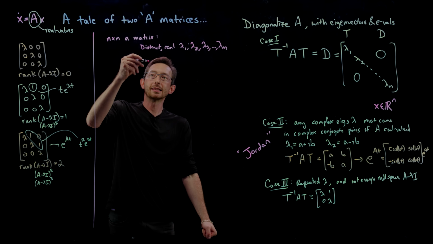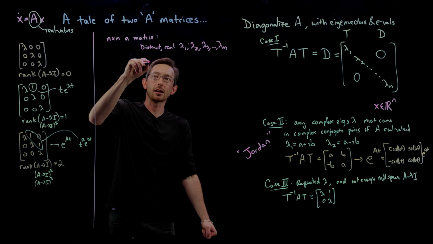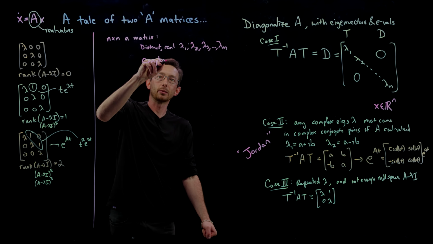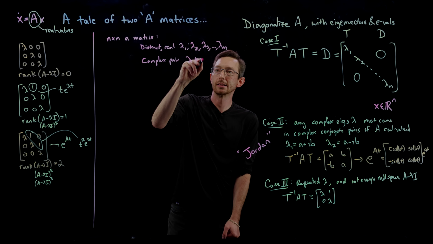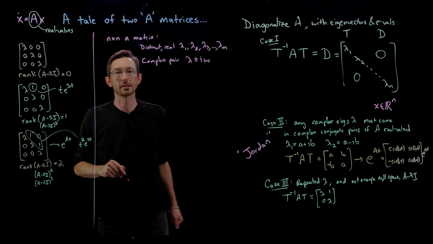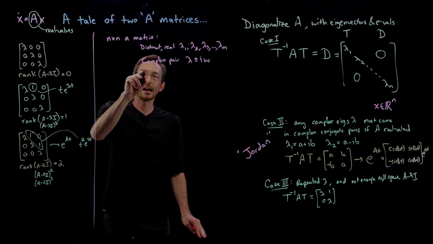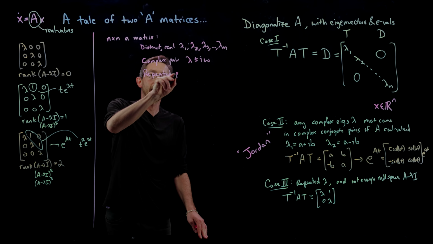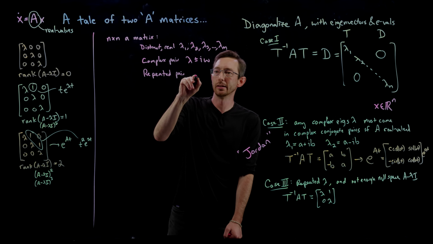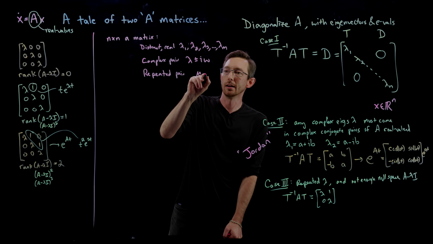And then also, let's say I have a complex conjugate pair, let's call this lambda plus or minus i omega. Okay, that's a complex conjugate pair. And then let's say I have a repeated pair, and let's give it a different name. Let's call it mu, times 2.